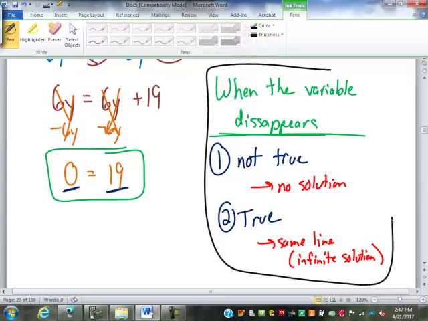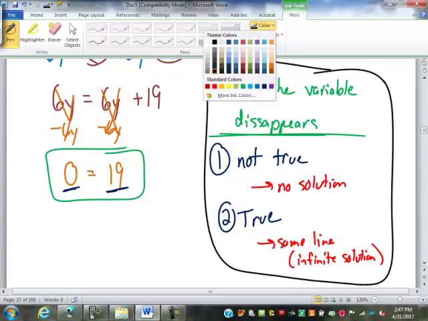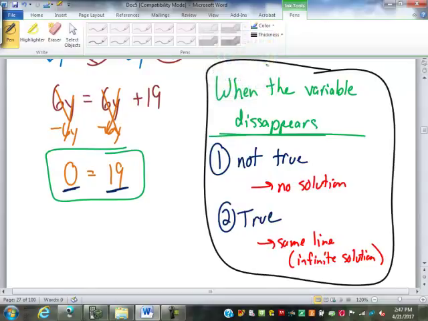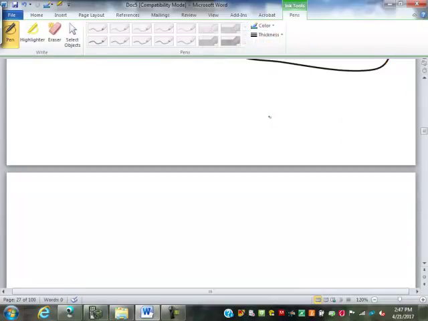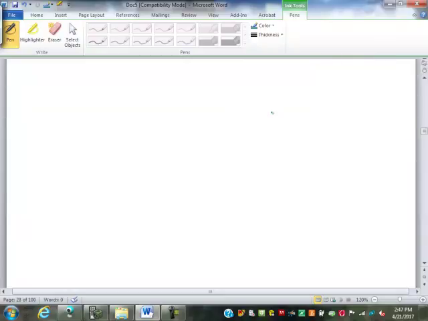So let's see if we can come up with an example of that second one where there's an infinite number of solutions. So let's have 2x minus 3y equals 9.